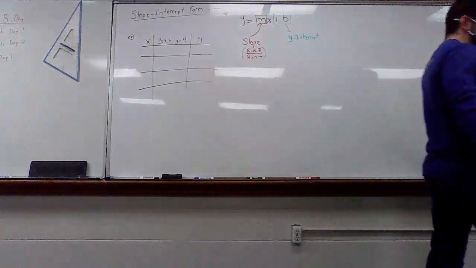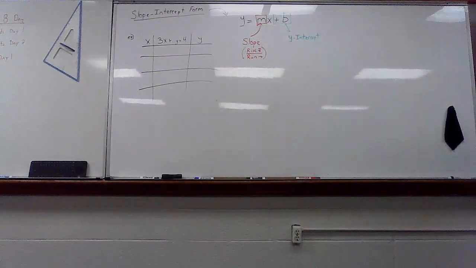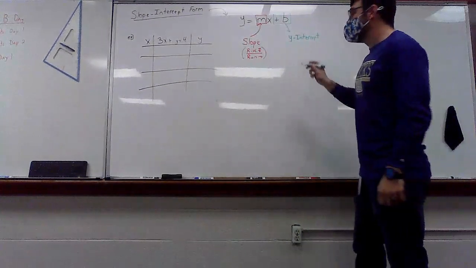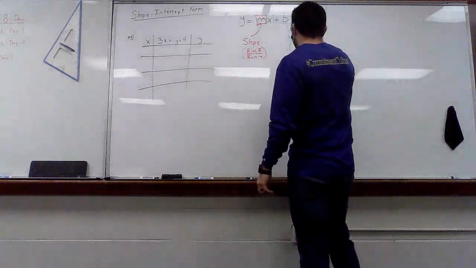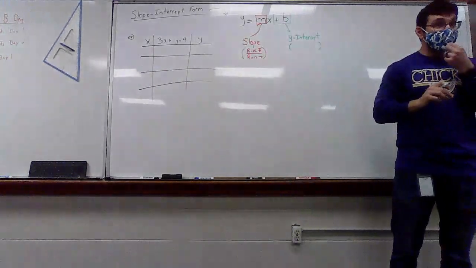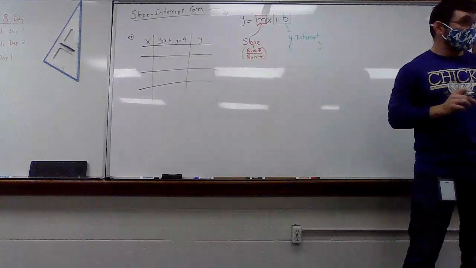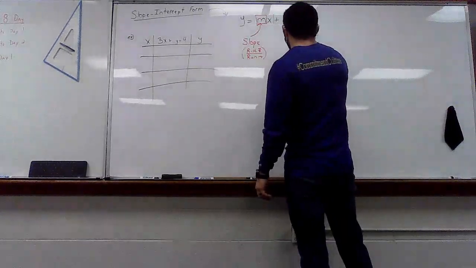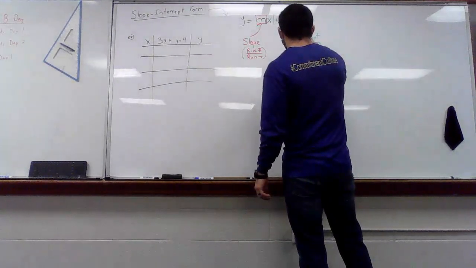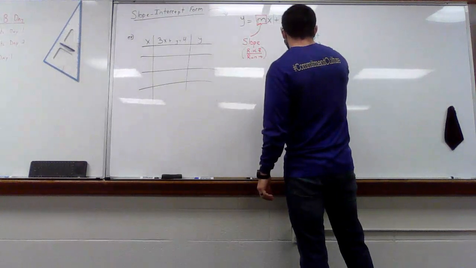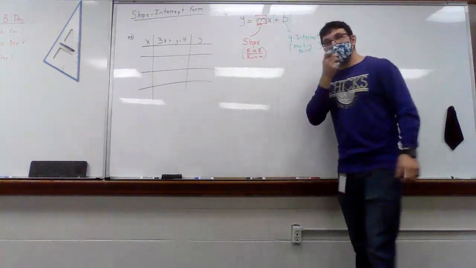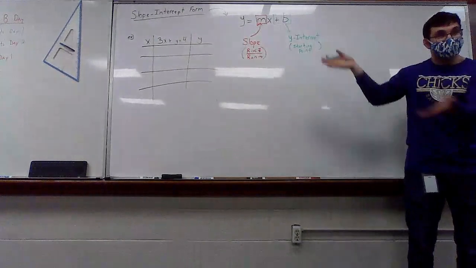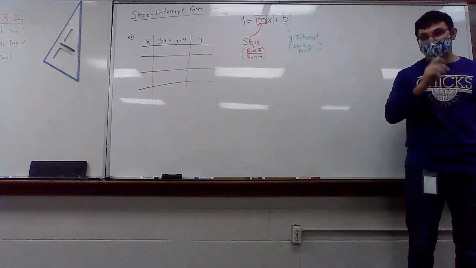Slope-intercept form tells us two things. It tells us the slope, and it tells us the y-intercept. And I'm going to put in parentheses what the y-intercept is going to be. And this is how I teach my algebra kids. This is the starting point. So if you're ever like, Mr. H, where am I going to start? The y-intercept.